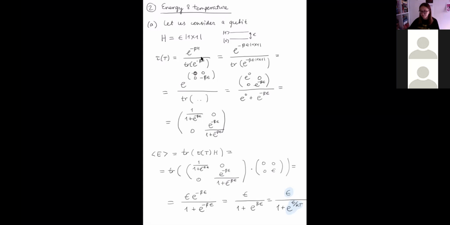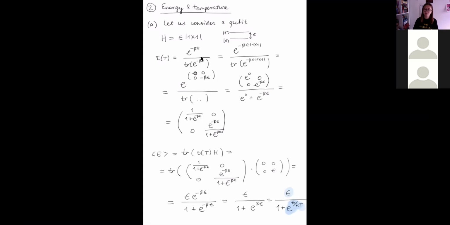In that case, it would be close to impossible to bring the state of the system from 0 to 1 just by having this temperature, which corresponds to the fact that e to the power epsilon over kT would be going to infinity in the limit where epsilon is much bigger than kT, and hence the average energy would be tending to 0.